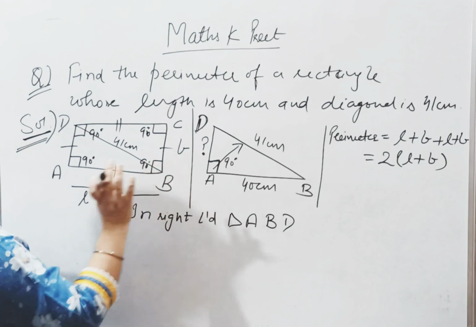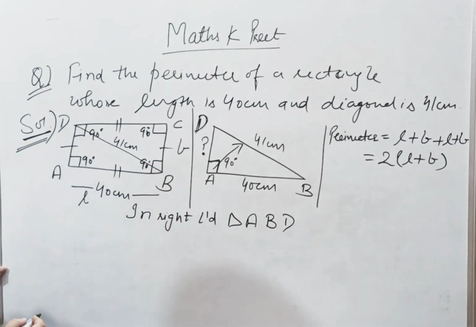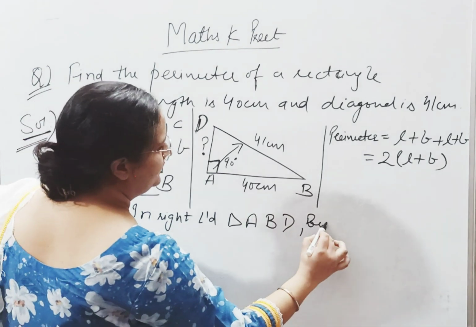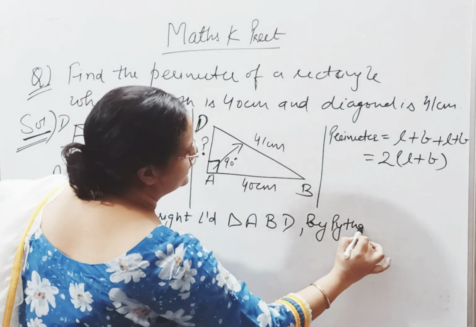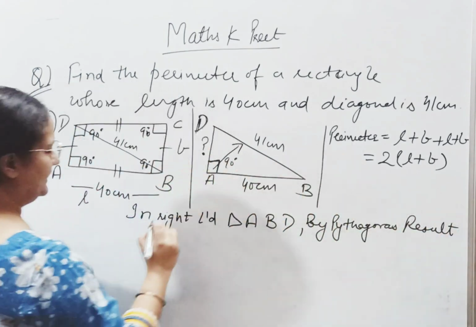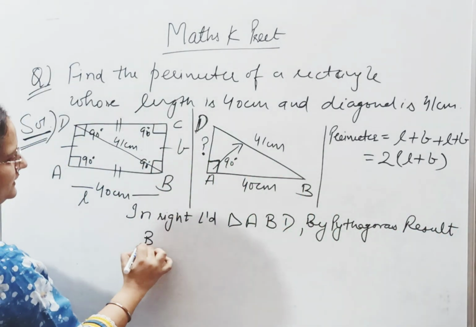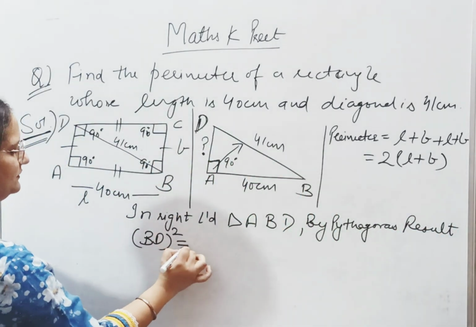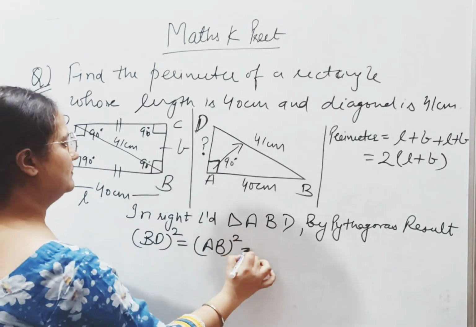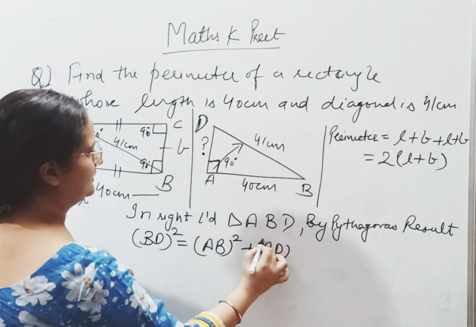Triangle is what? Right angle triangle. So the result will automatically hold in right angle triangle ABD by Pythagoras result. We can write this as BD square, which is hypotenuse, is equals to AB square plus AD square.